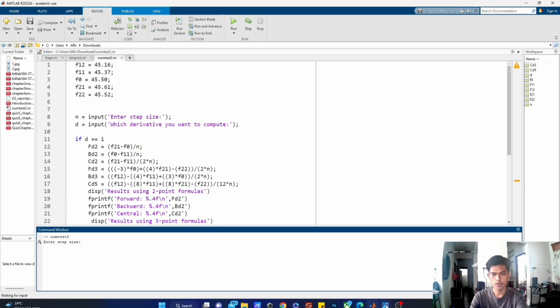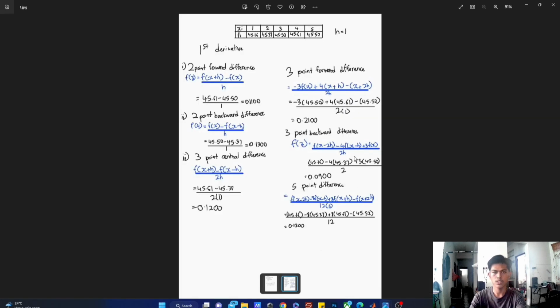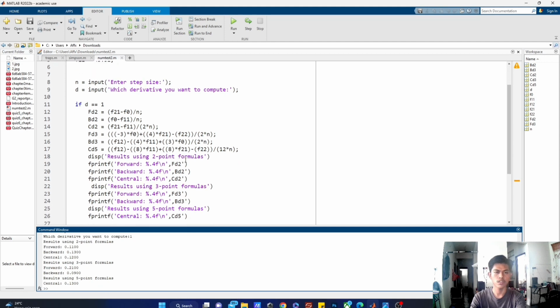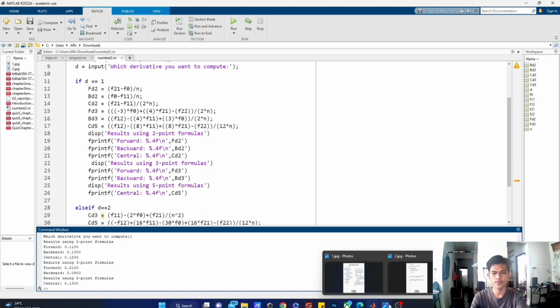The step size for this question is 1, so we need to enter the number 1. It will ask which derivative you want to compute, so we put the number 1 for the first derivative. This is the answer that we get from the simulation.